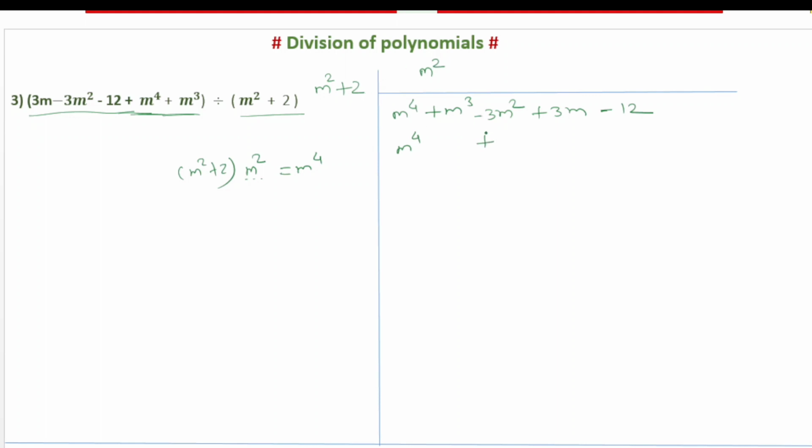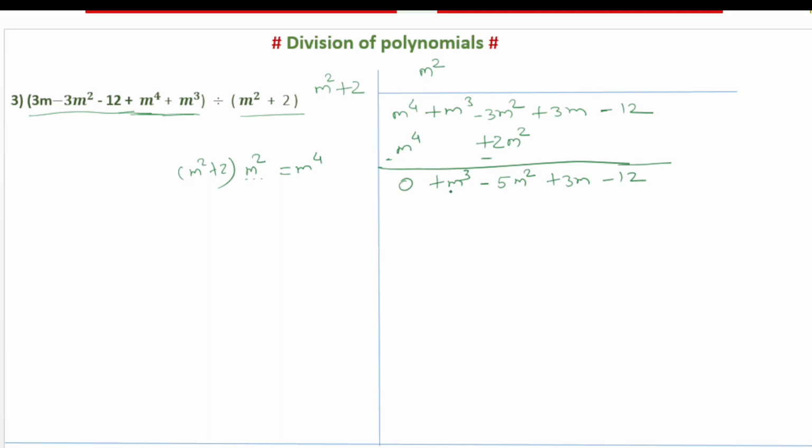We write 2m² below the m² coefficient. This is a subtraction, so the signs change. Plus minus gives 0. The remaining is m³, then minus 5m², and again we write 3m minus 12.